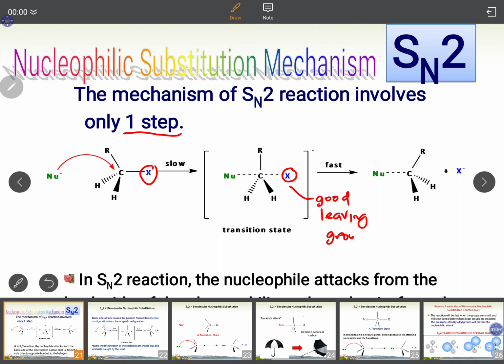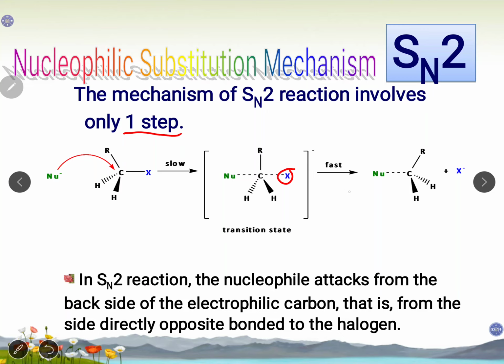So we continue. In the first step also, after the transition state is formed, the X will leave the group. Because C can have only four bonds, and now it has 5 in the transition state, it is not good for carbon, so X will leave the compound.